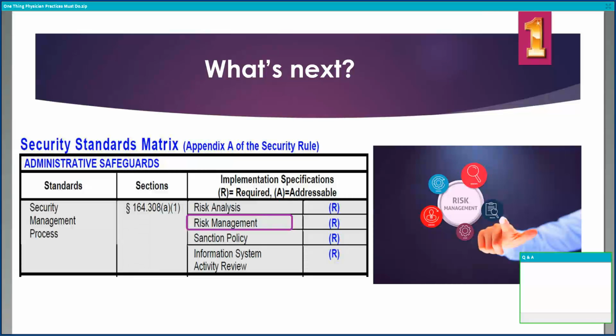So once your SRA is complete, you must also continue working to reduce the risk that you have identified through your risk assessment. There is no frequency that the security rule prescribes for performing a risk analysis. We discussed earlier, most of you are doing it annually, some every 2 years. But again, it's an ongoing process that you'll want to integrate into your business processes to ensure that the risks you've identified have been addressed in a timely manner.